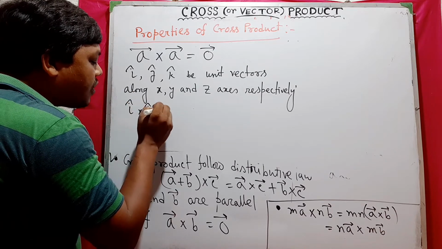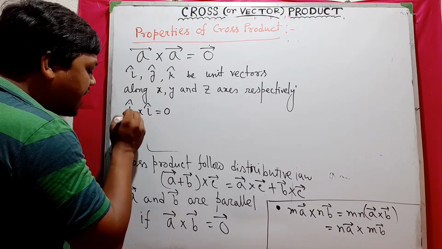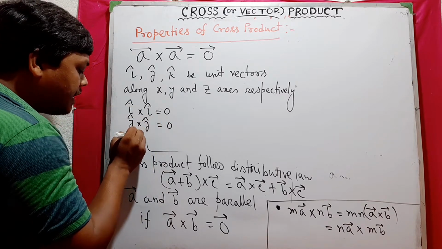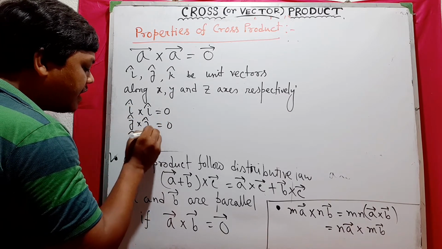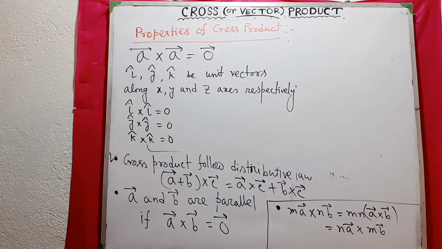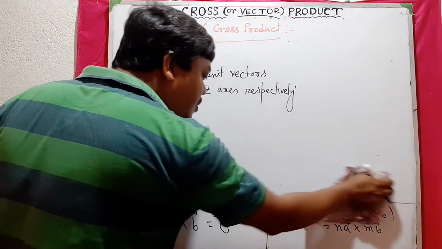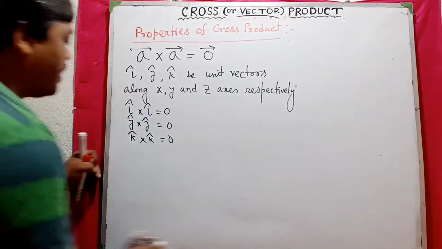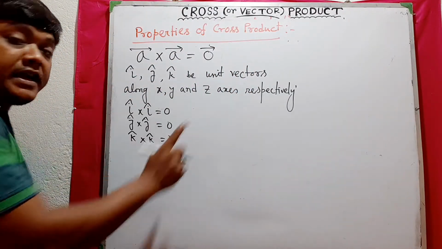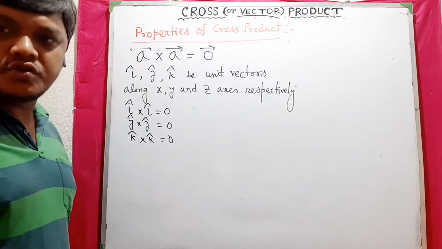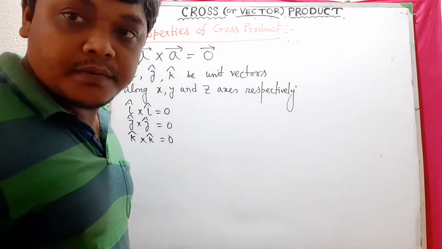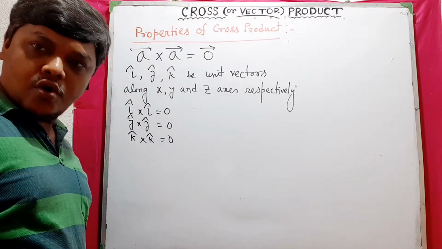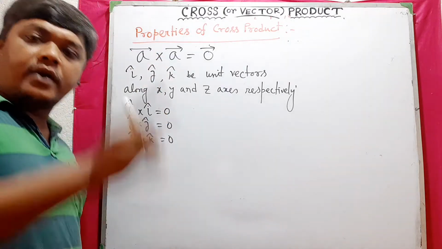Both are the same vector, so that is 0. j cap cross j cap is also 0, and k cross k is also 0. But in dot product, i dot i equals 1, j dot j equals 1, k dot k equals 1. In the cross product, i cross i, j cross j, k cross k are all 0.